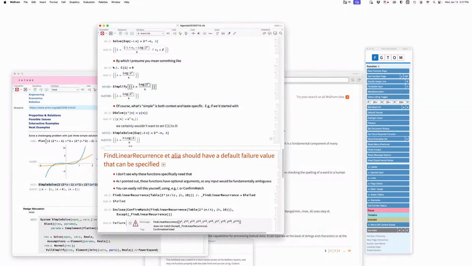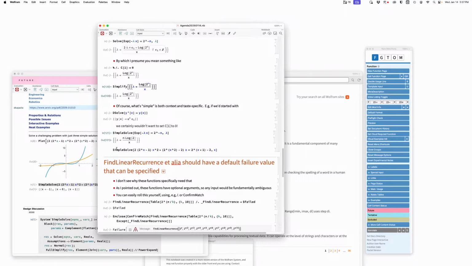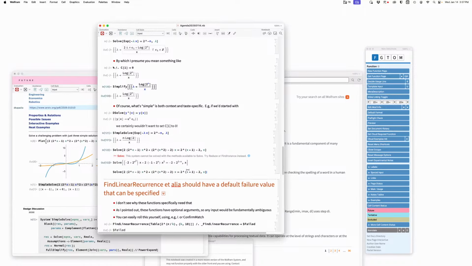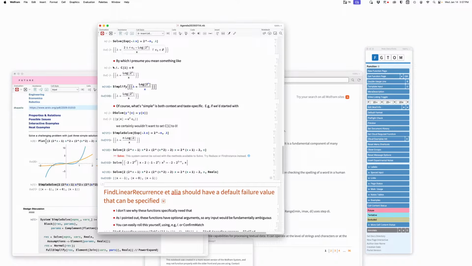But solve itself will give up, because over the complexes it is more complicated. You can say solve over the reals. Maybe we should generate conditions in this case.